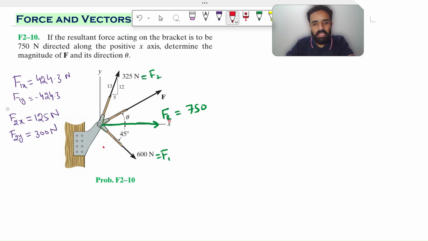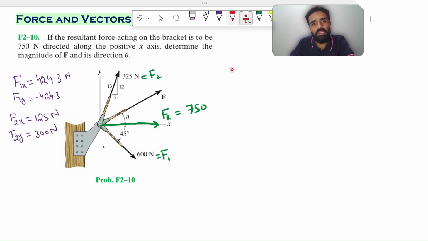Now I need to find the horizontal and vertical components of this FR force, meaning the resultant force. You can see that this force is directly acting along the x-axis, so it doesn't have any y component.